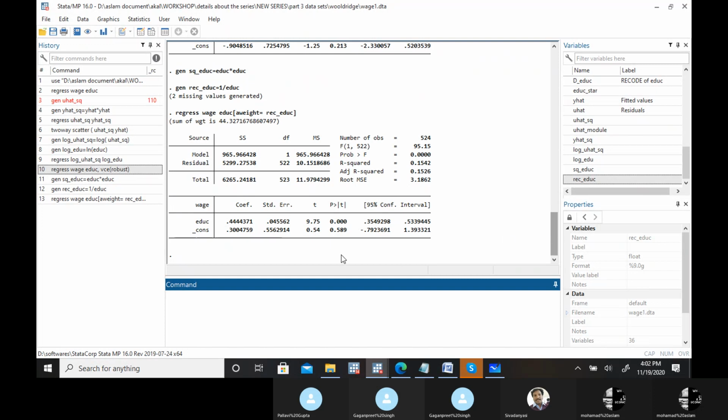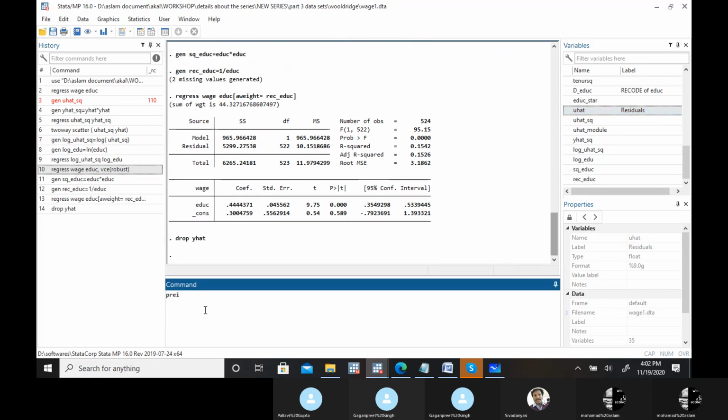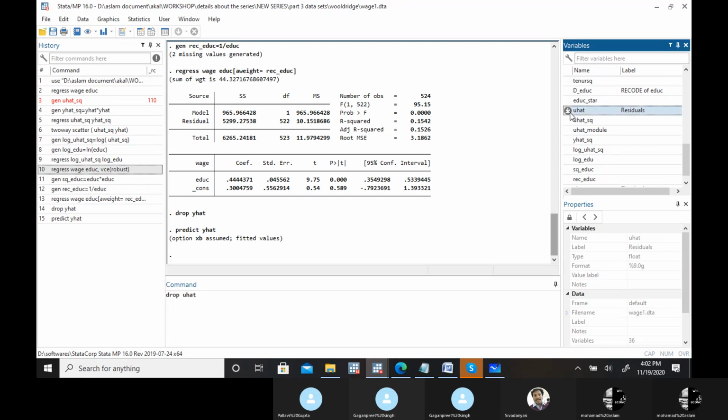Now, cross check: has the heteroscedasticity been removed? How can you check now? Again, you have to predict y hat. Let me drop the previous y hat, because otherwise it will say we already have a y hat. So predict y hat, and u hat also. I'm removing u hat square as well.